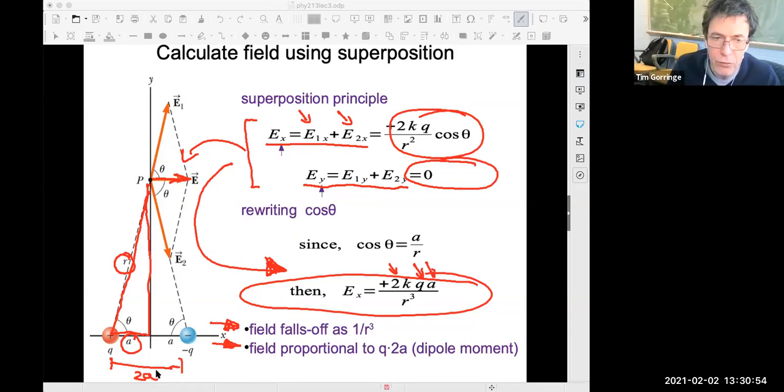And so the field we discover is in proportion to the product of the amount of charge on the positive and negative ends times the separation between the charges on the positive and negative ends. So if you put more charge on the positive and negative ends, you get a bigger field. But if you separate more the positive and negative ends, you also get a bigger electrical field. We call that product of that distance times the amount of charge the dipole moment, the electrical dipole moment. And the field is in proportion to that electrical dipole moment.